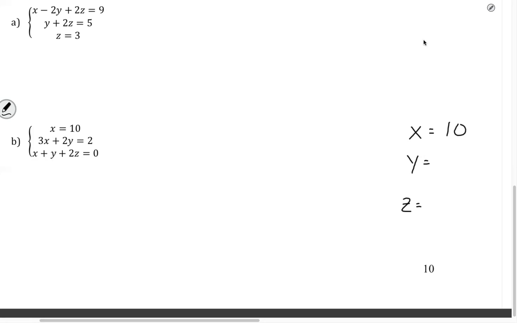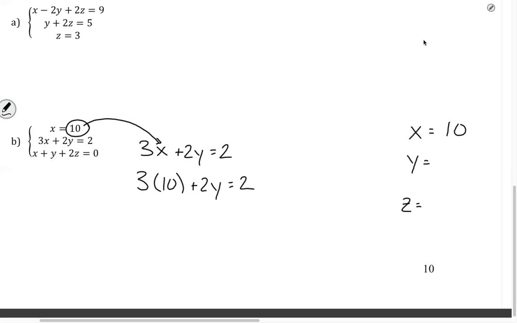The middle equation only has X and Y, so I'm going to use this equation to solve for Y. X is 10, so I'm going to substitute that in. That gives me 3 times 10 plus 2Y equals 2. So 30 plus 2Y equals 2.